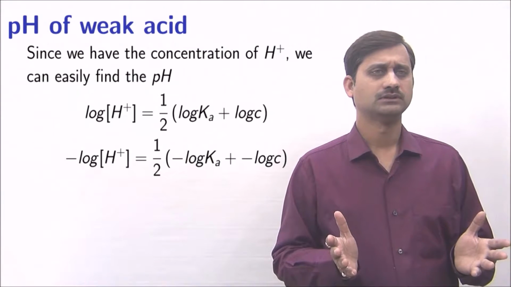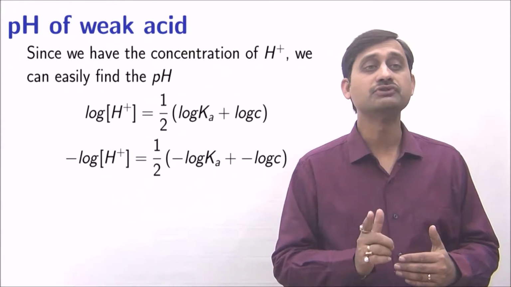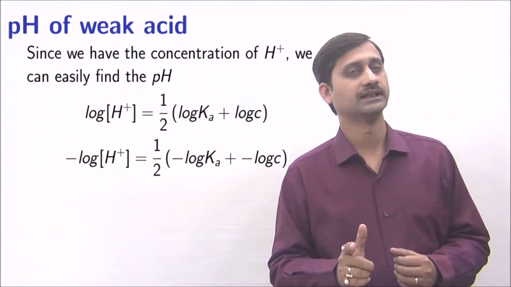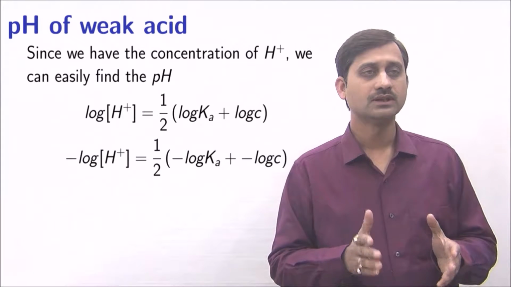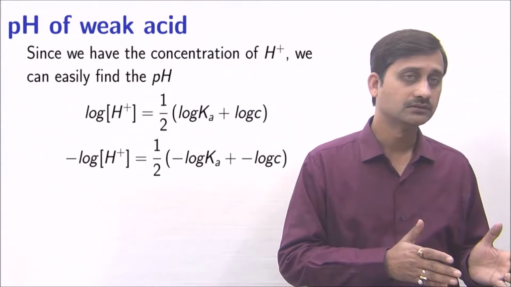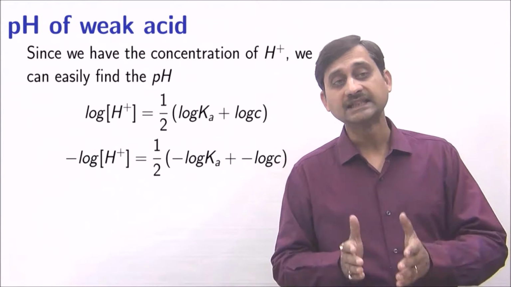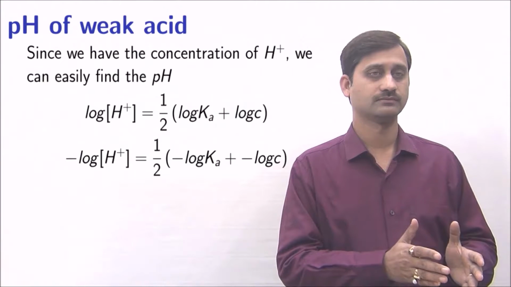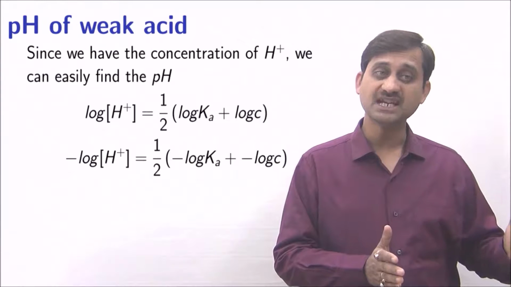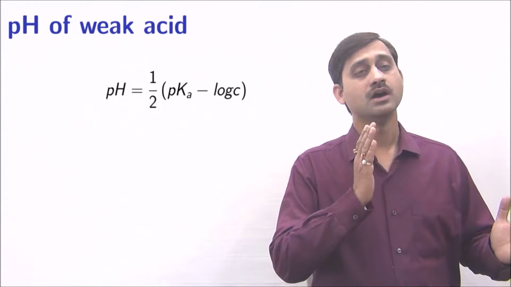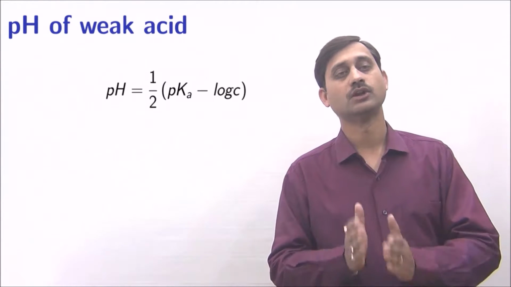For any number, the value of which could be more than 1, we do not use the symbol P for the negative log. Since concentration is not necessarily less than 1, we do not use the convention of P for the negative log of concentration. Hence, the equation becomes pH is equal to 1 by 2 (pKa minus log C).